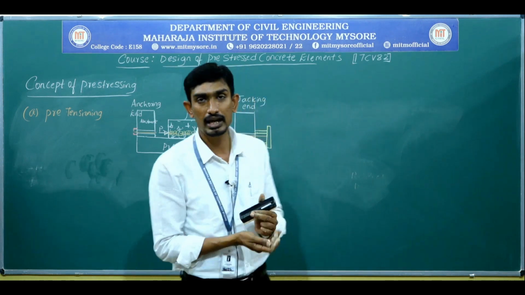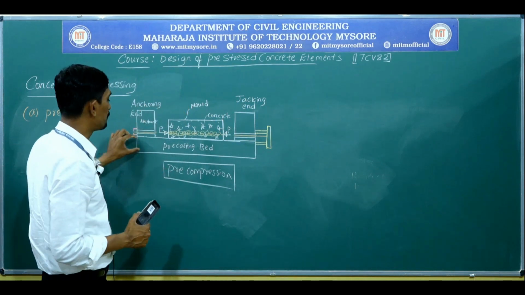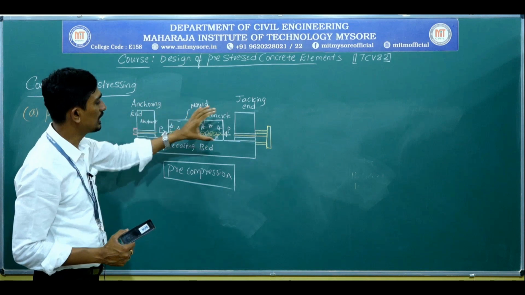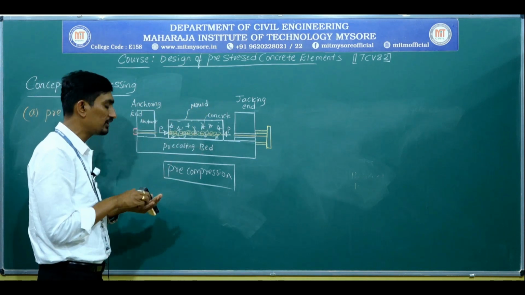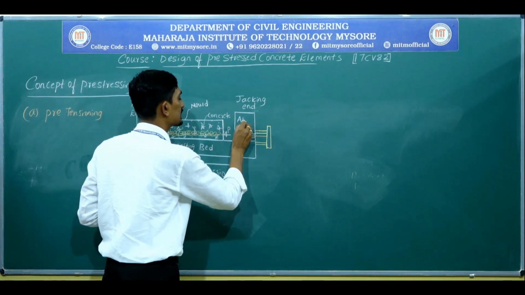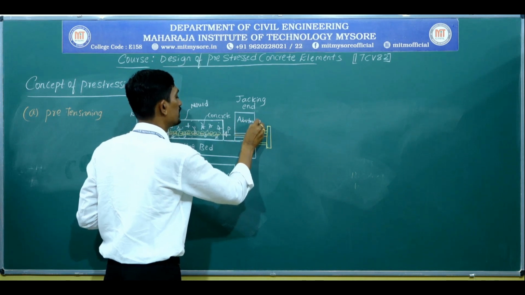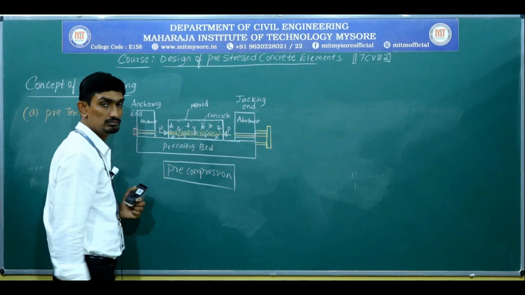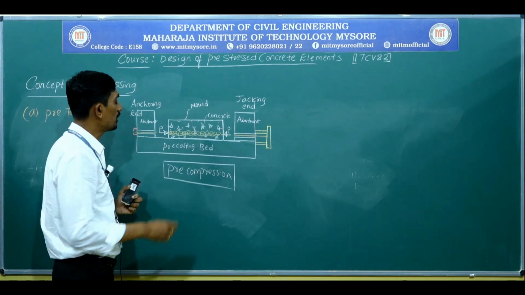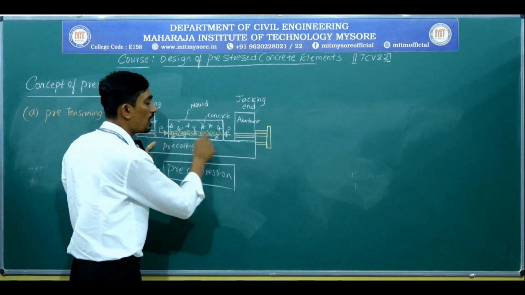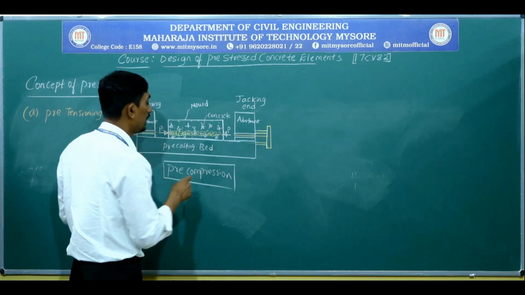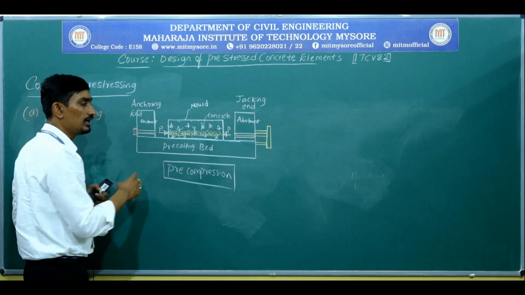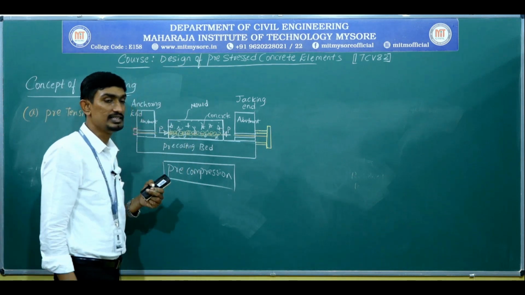I will repeat once again. Consider the pre-casting bed. On either side, you accommodate the abutments. Next, introduce a mold, and later introduce a tendon in such a way that one end will be anchored and the other end will be jacked.